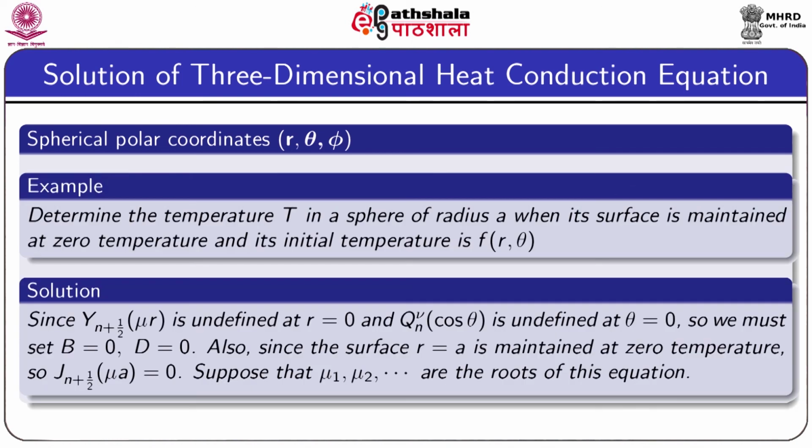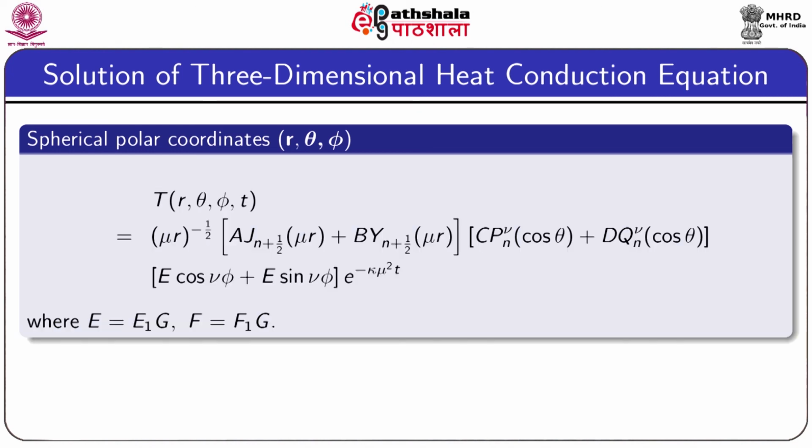We have one more boundary condition: on the surface r equals a, temperature is also 0. If we use that, from this general expression we obtain that J_{n+1/2}(mu a) is equal to 0.